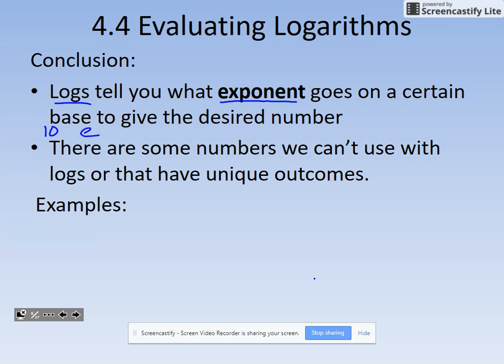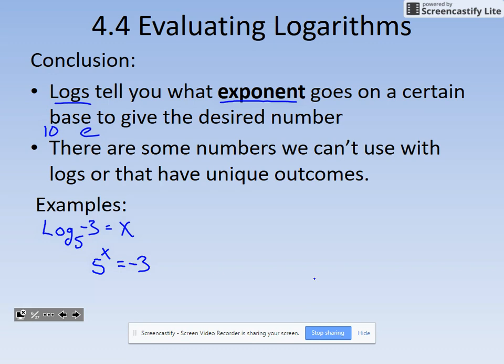Now, I want to point out there's a couple special cases, and there's a few that don't work. So let's try. Here's one that doesn't work. If I say log base 5 of -3, for example, equals some number, this means 5 raised to the power of x equals -3.